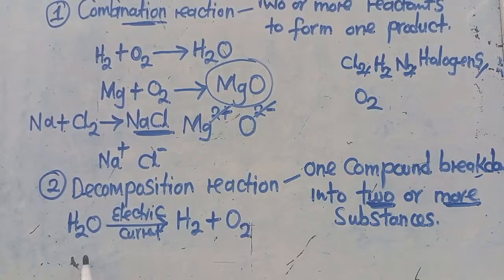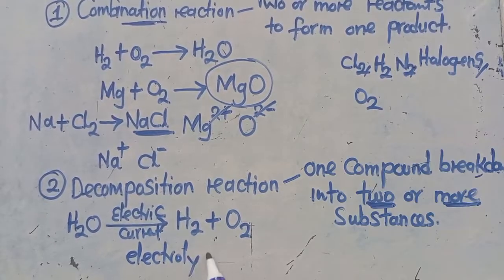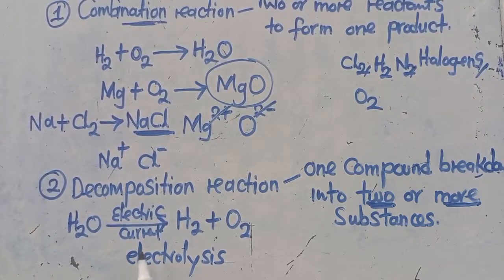Since water is passing through electric current, this type of reaction is called electrolysis. This is what we call electrolysis. So this is also an electrolysis reaction where water is passing through electric current. When it passes through electric current, we've got these products that will be formed.